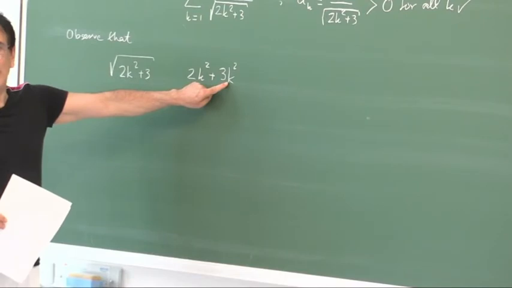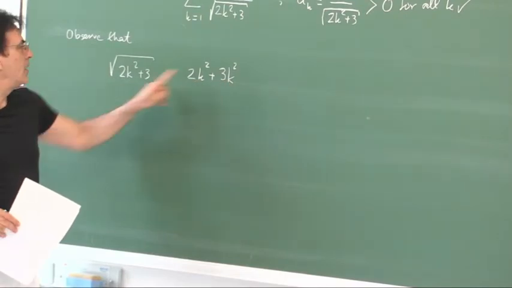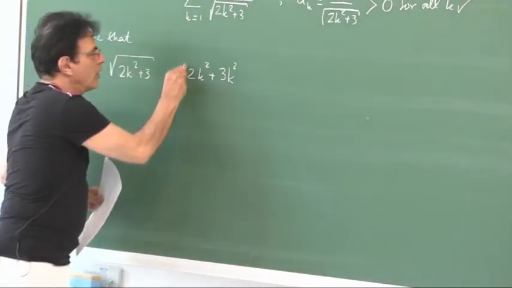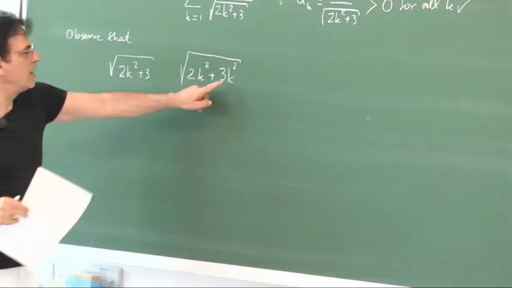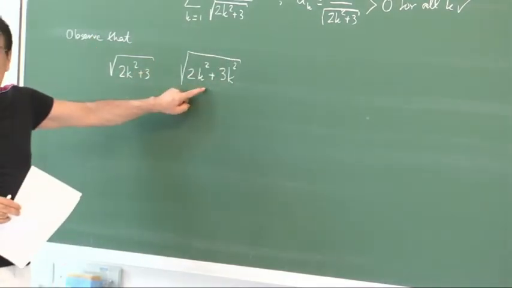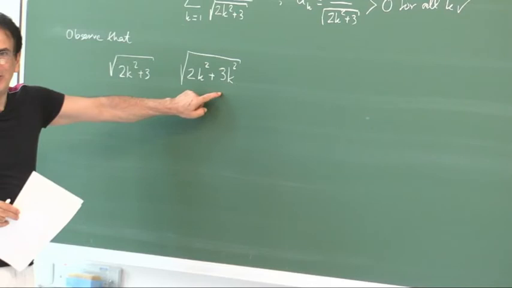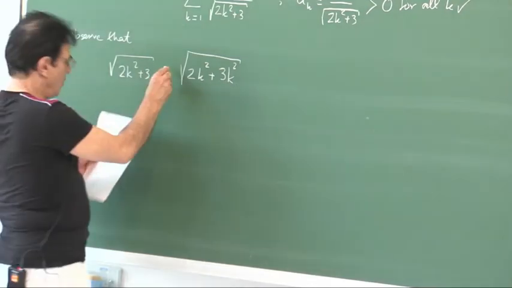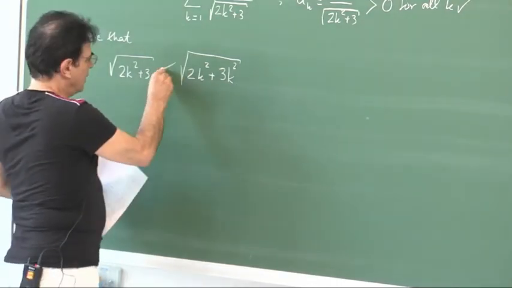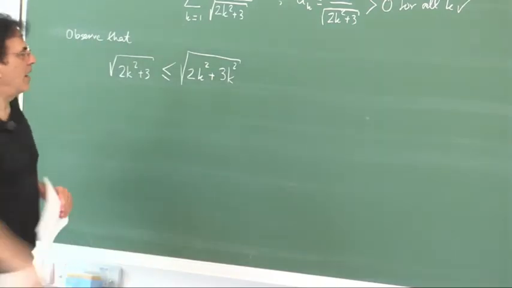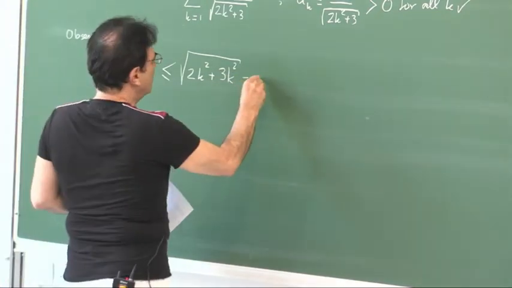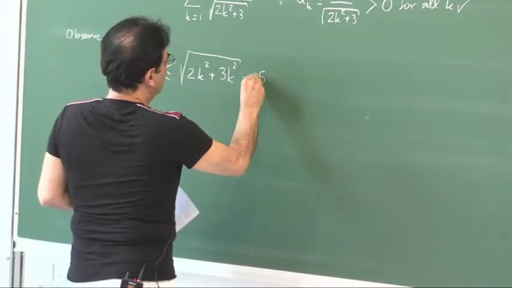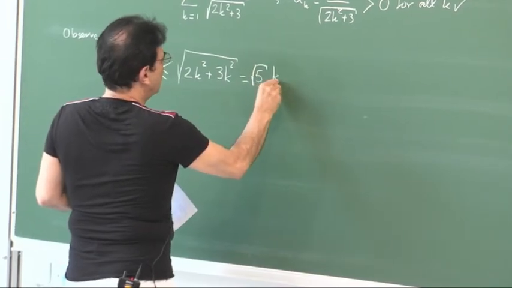If k is 1, the two statements are the same, but in general, this is larger. Good? Therefore, we write this. But the last one can be written as radical 5 times k, isn't it?